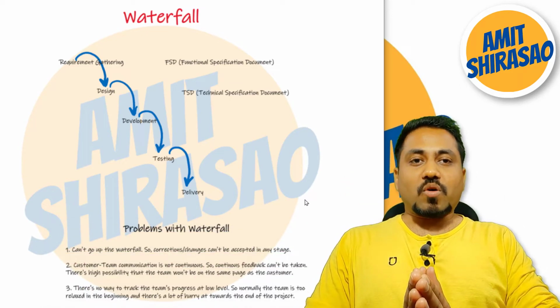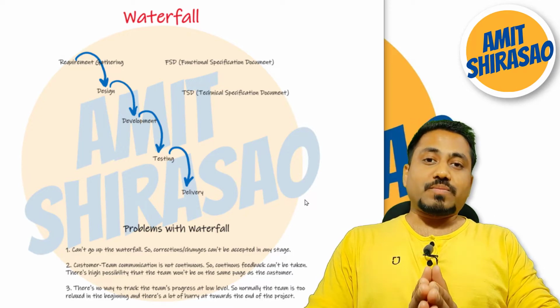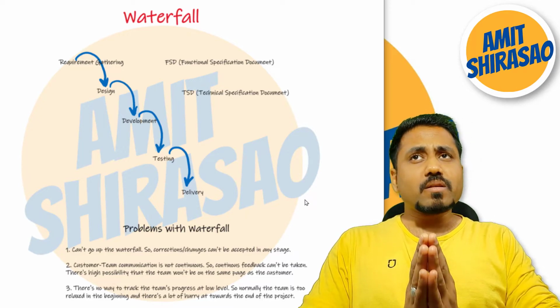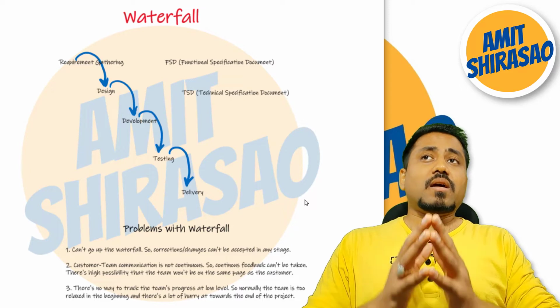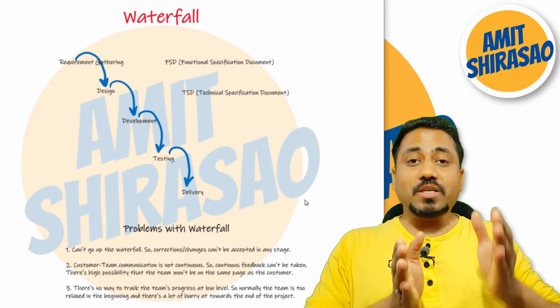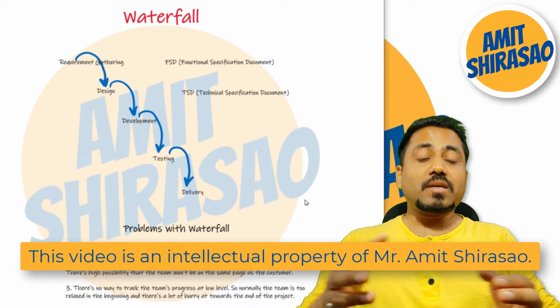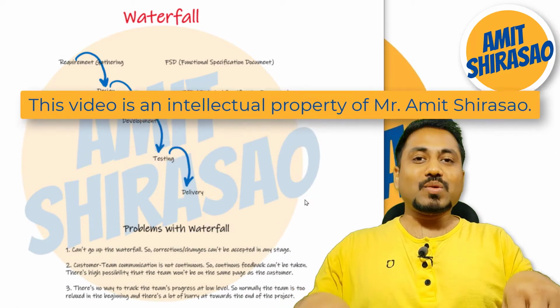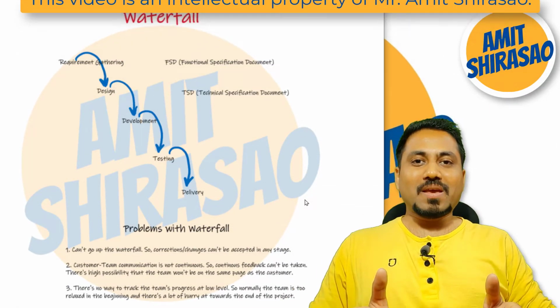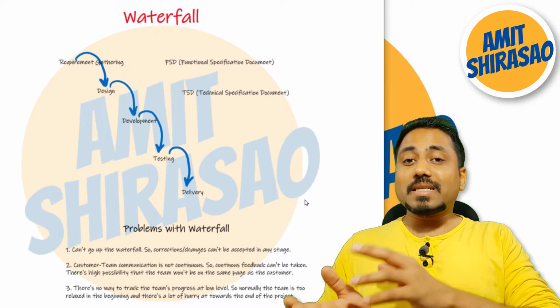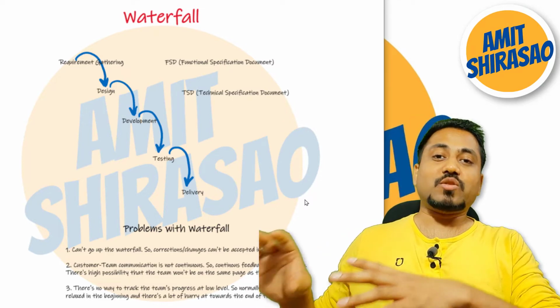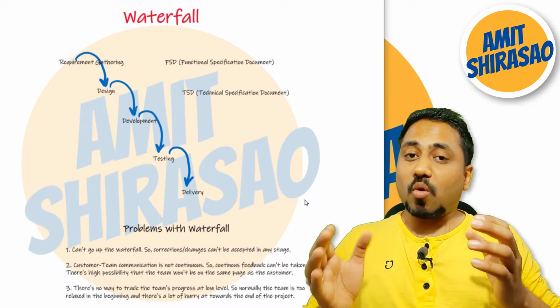Now in this waterfall model, what are the downfalls? What are the problems? The problem with this model is that once you are in a particular stage, only the people required in that stage are there on your team. The people from the earlier stage, you have already released them to the practice or BU, okay, so they do not belong to your project.